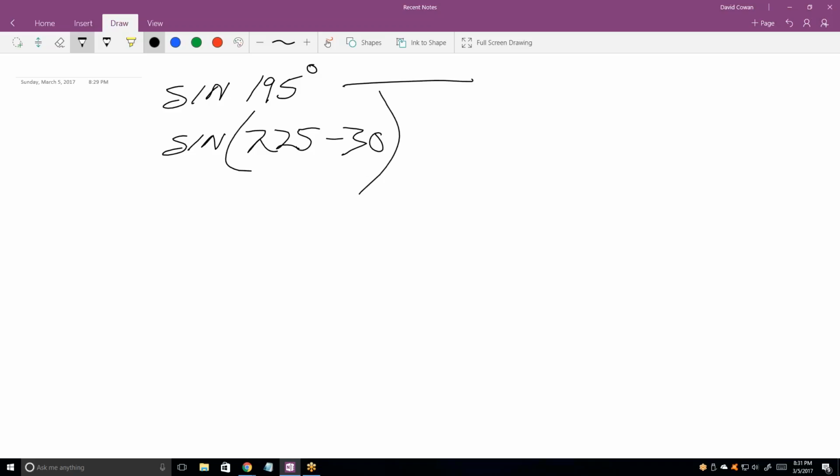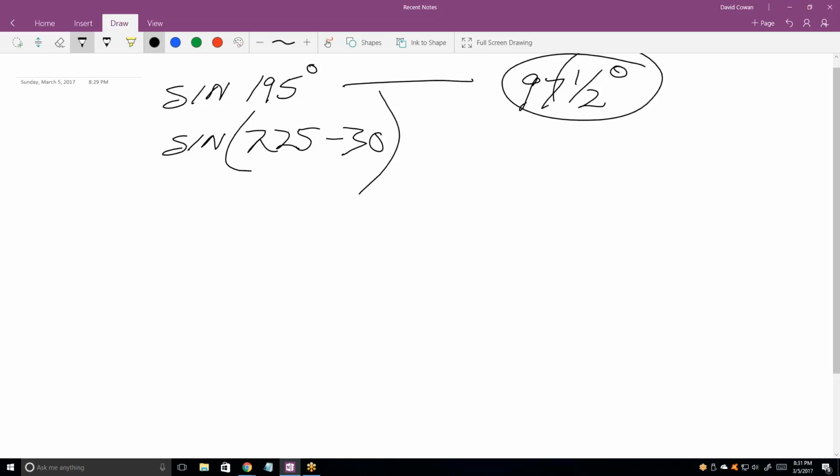It's not double angle because then the angle would have to be 97.5 degrees. Well, I don't know that, so I'm not going to use the double angle formula. I'm not going to use the half angle formula because then the angle would have to be 390 degrees. Actually, I could use the double angle formula.